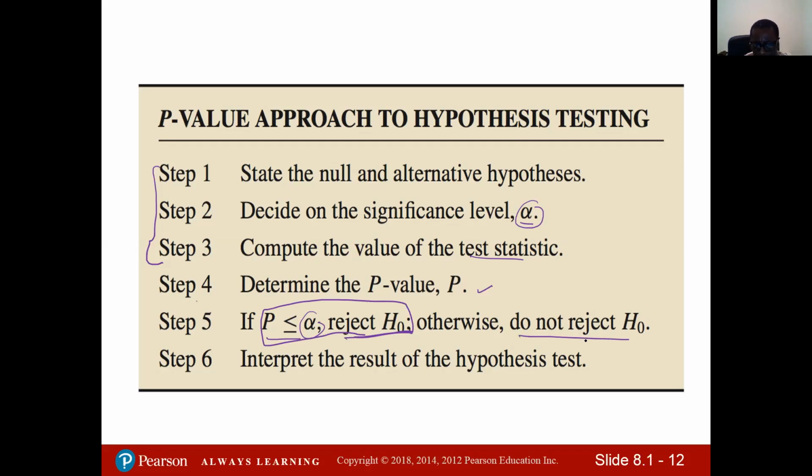Otherwise, you do not. Again, I repeat, it does not matter whether it is a left tail, right tail, or two tail. The p-value is what? If it's less than or equal to alpha, then reject the null hypothesis. And as always, state your conclusion in the context of the problem.